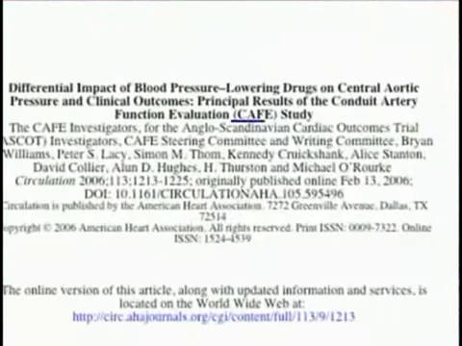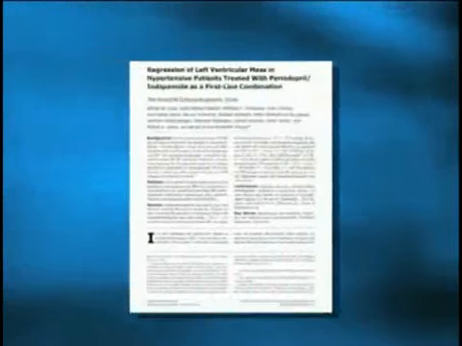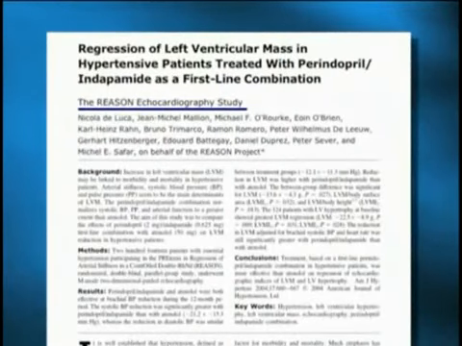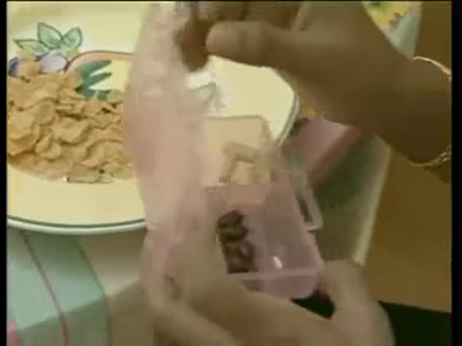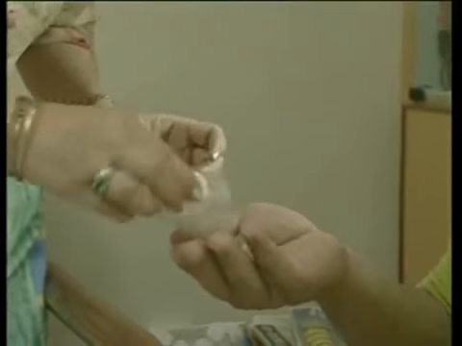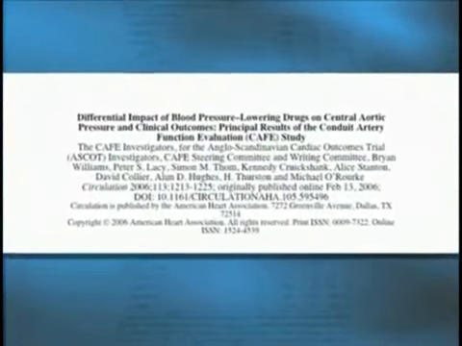And what is the significance of having a higher central aortic pressure? There are big studies like the CAFE study and the REASON study. All these studies have shown that different drugs can affect the central pressure differently. For example, in the CAFE study, we have two groups of over 2,000 patients followed up for 5 years at the same blood pressure level.